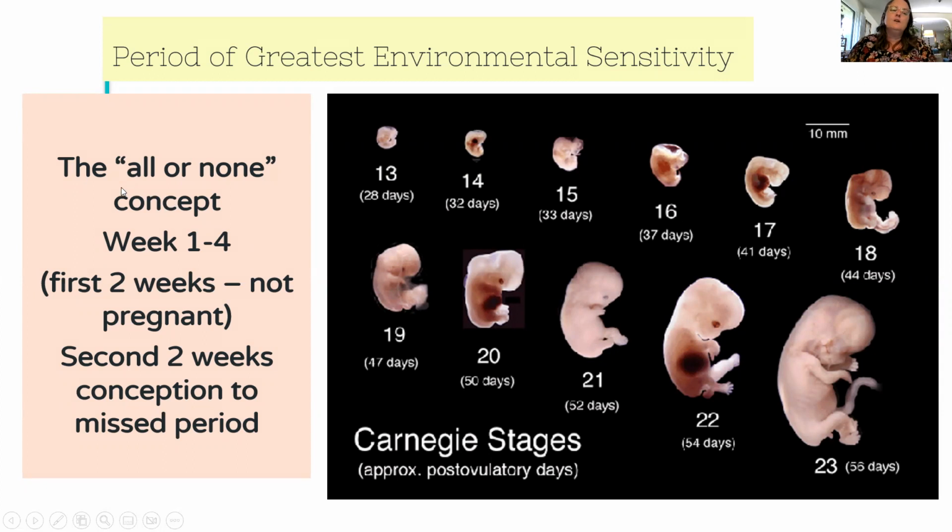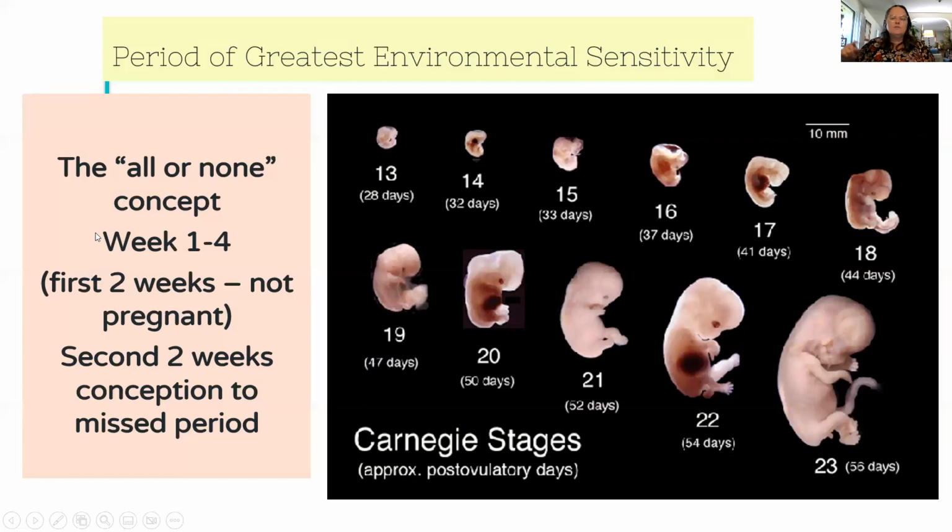And so there's something called the all or nothing concept or all or none concept. And so in those first couple of weeks, whatever substances or toxins or teratogens, that's the word you need to know, that the woman is exposed to, it's either going to be catastrophic to the fetus or have no effect. And we don't know exactly what day those things happen. We know that it's about weeks 1 through 4.